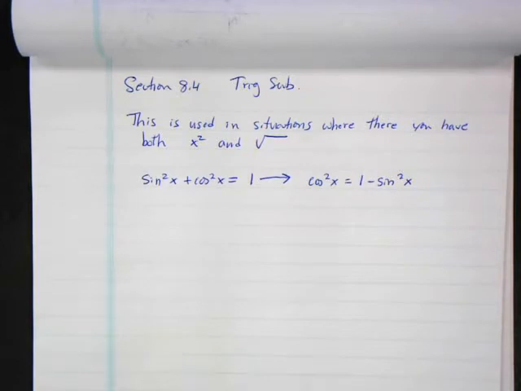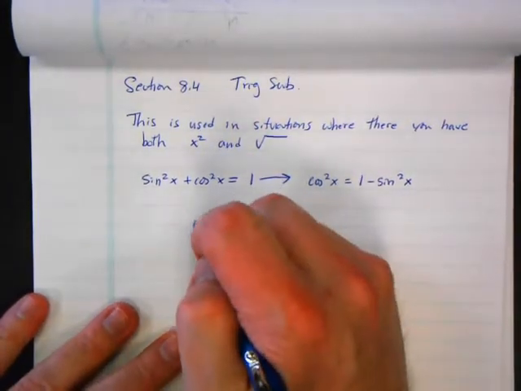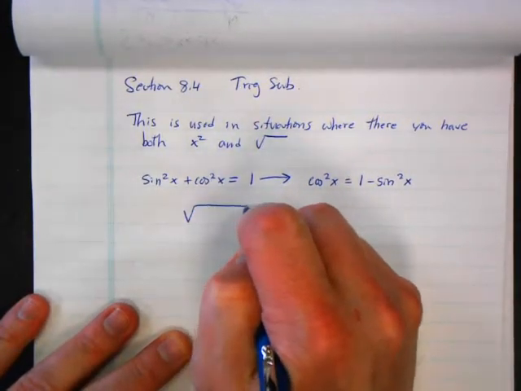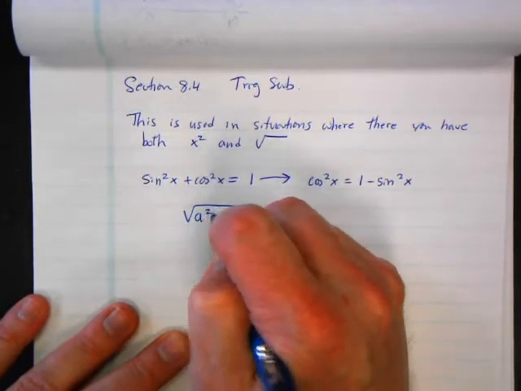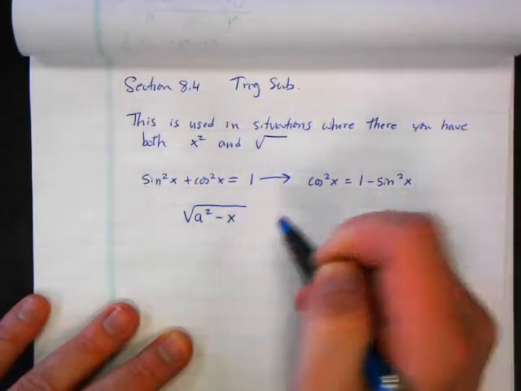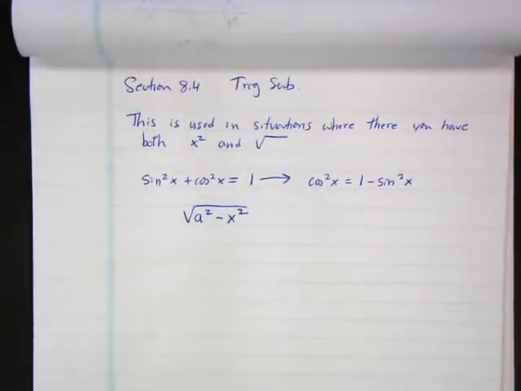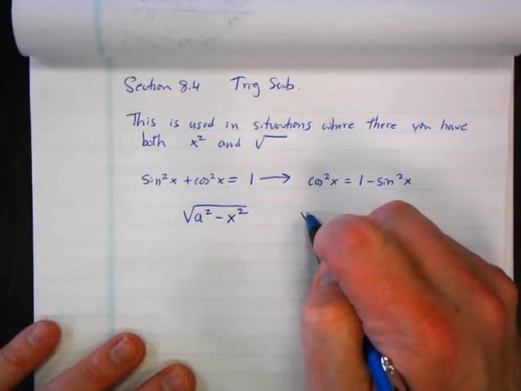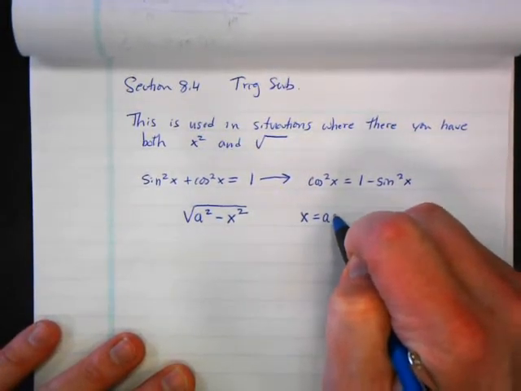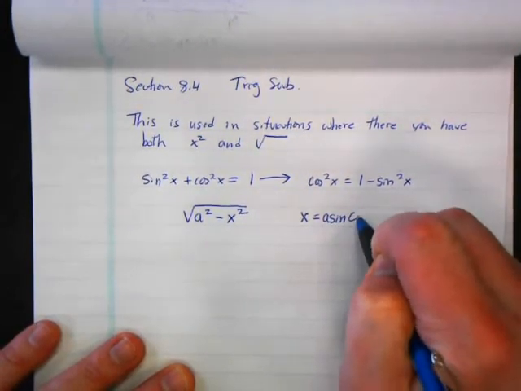So if you're looking at your integral and you see something that has a square root and it has a squared minus x squared, you're going to use the trig substitution x equals a sine theta.